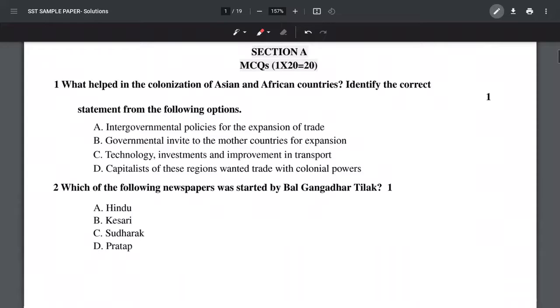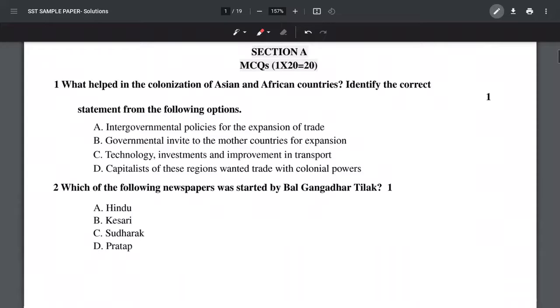Intergovernmental policies for the expansion of trade, governmental invite to mother countries for expansion, technology investment and improvement in transport, or capitalists of these regions wanted to trade with colonial powers. We have to choose the statement which helped in colonization. When the colonization took place, what helped? So what should be the correct answer?